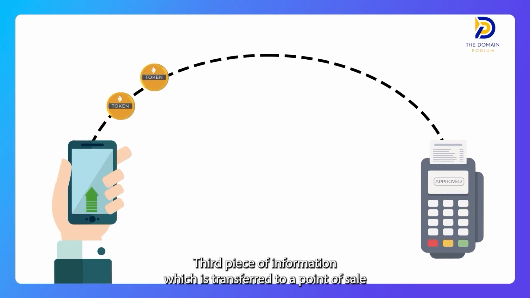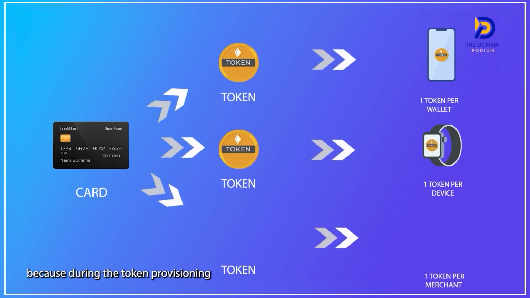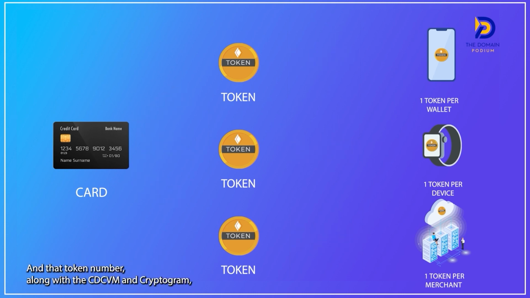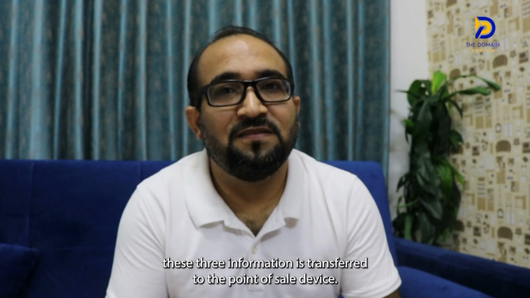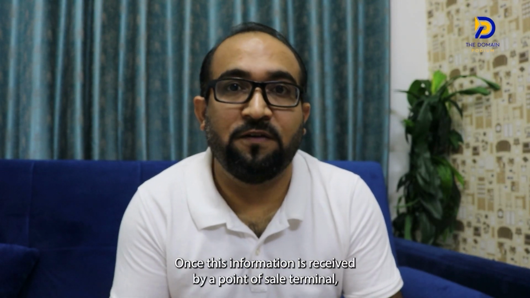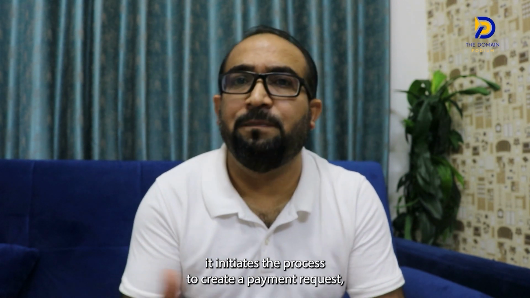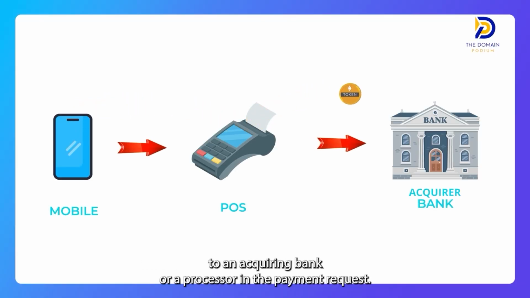The third piece of information transferred to a point of sale device from a TRTSP is the token information. Because during token provisioning, the digital form of your card was stored on the device, that is the token number, and that token number along with the CDCVM and cryptogram, these 3 pieces of information are transferred to the point of sale device. Once this information is received by the point of sale terminal, it initiates the process to create a payment request, which is typically an ISO based authorization request, and forwards it to an acquiring bank or a processor.